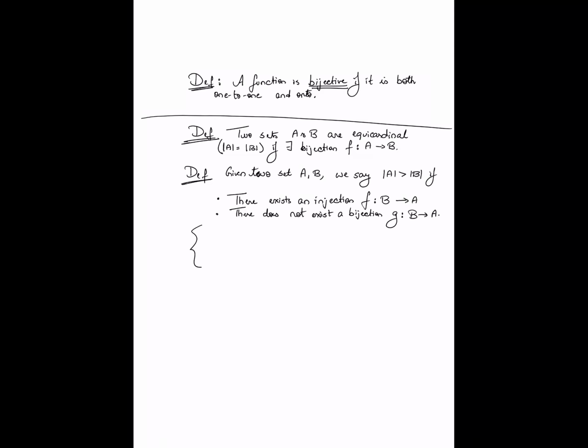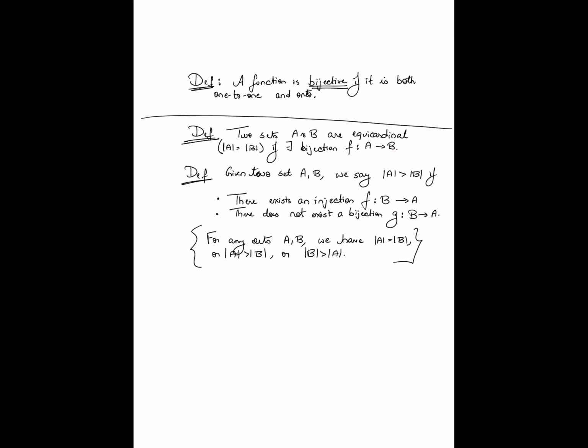So if I give you any two sets A and B, you will either have that the cardinality of A is greater than the cardinality of B, or one of the strict inequalities, so to speak, holds. Right, so for any sets A, B, we have either that A and B are equicardinal, or the cardinality of A exceeds the cardinality of B, or the cardinality of B exceeds the cardinality of A.